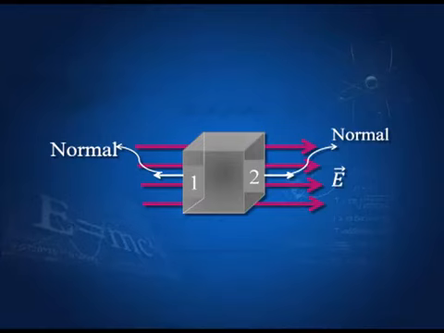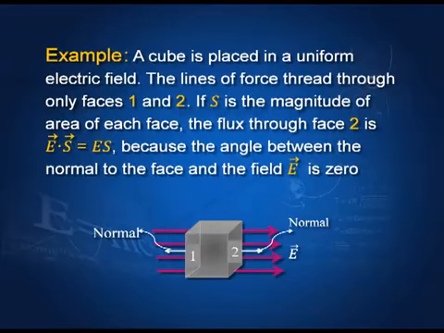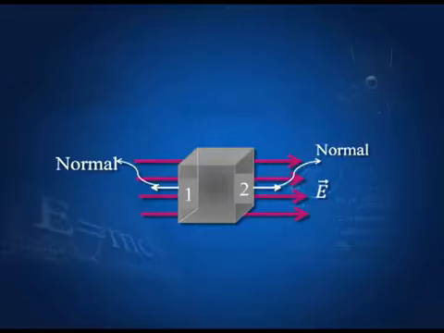Suppose we have a cube and the electric field is perpendicular to the surfaces 1 and 2. It is coming out through 2 and it is going in through 1. So, what happens? The same number of lines come through 2 as enter through 1.